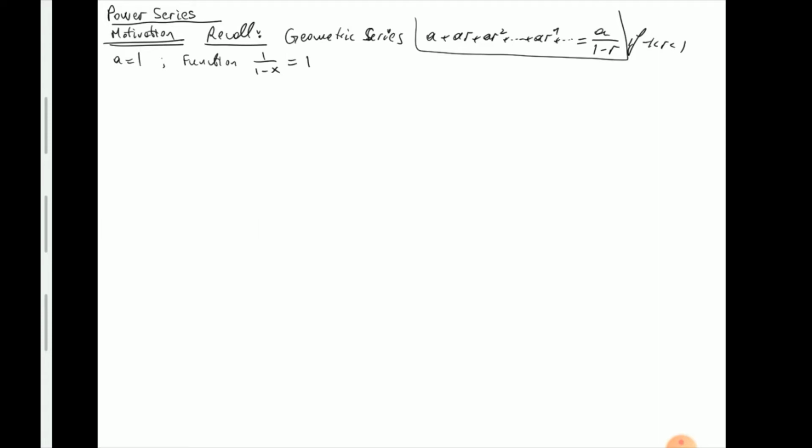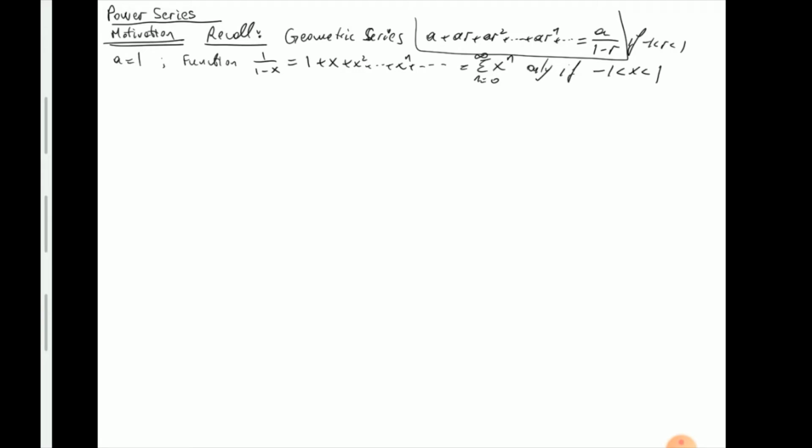You can replace r with x, and you could say that 1 over 1 minus x is equal to 1 plus x plus x squared plus dot dot dot plus x to the n, so equal to an infinite sum. I should start from 0 in this case, so the summation from n equal to 0 to infinity of x to the n. Again, this equality is valid only if x is between -1 and 1.